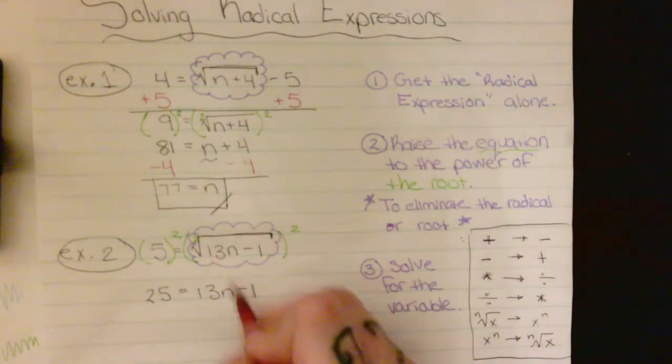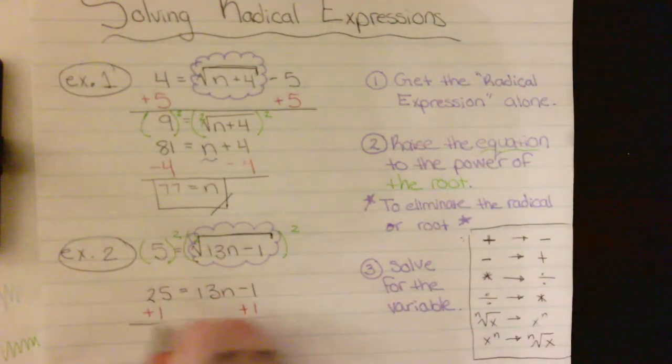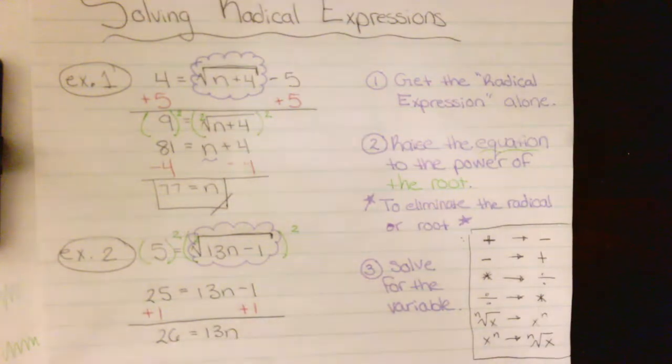Addition undoes subtraction. 26 equals 13n. That number is multiplying the variable I want to get alone, so the opposite of multiply is divide. Here we go. 2 equals n. Voila.